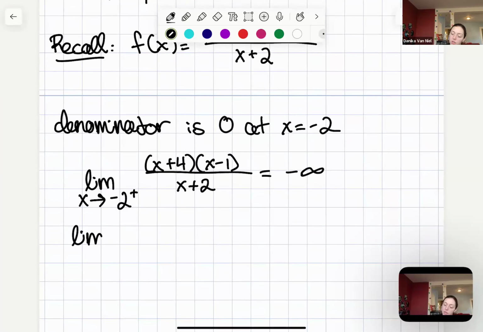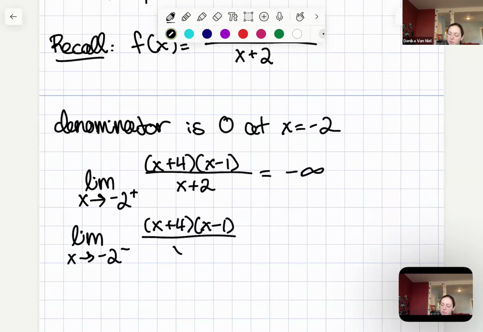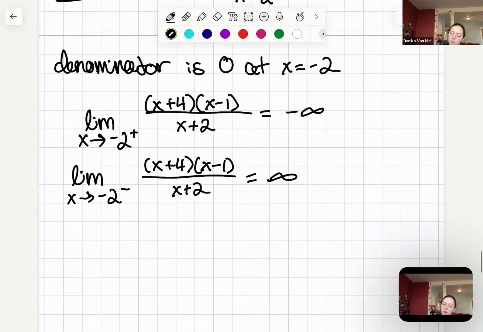So now we know it is a vertical asymptote. But maybe we want to know the full description. The only reason I'm skipping all this work is because we've already done it. Let me double check that I did that right. Yep, okay. So f of x has a vertical asymptote.